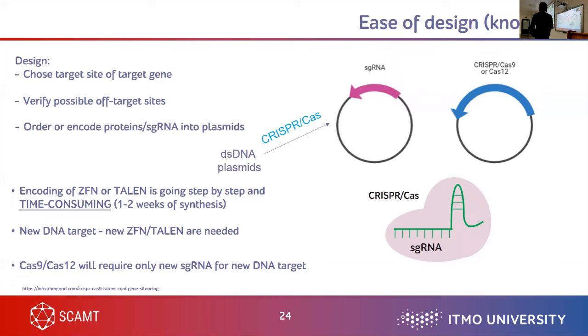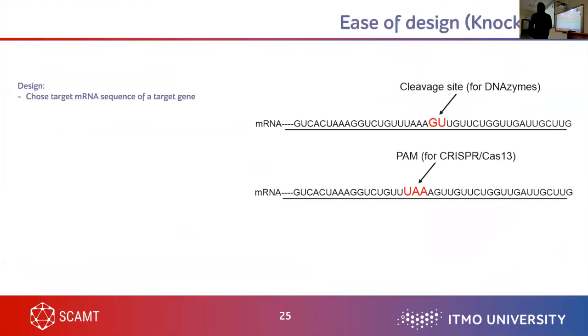We need to just remake the single guide RNA. So that is the benefit of using CRISPR-Cas9 or CRISPR-Cas12 systems: ease of design of knockout agents.